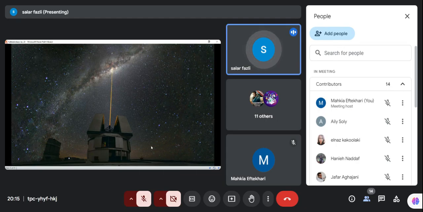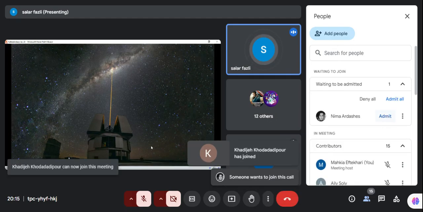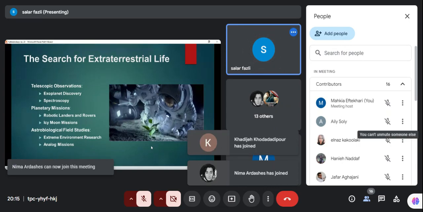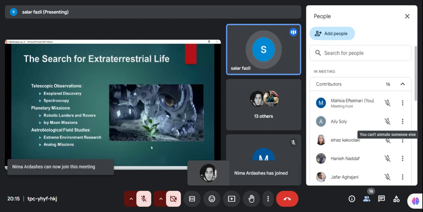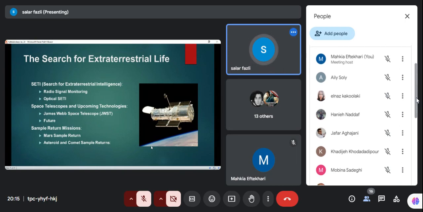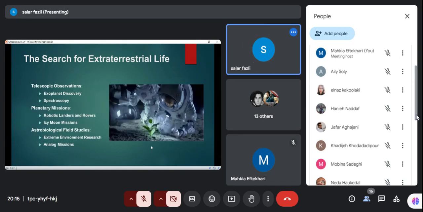So we are going further, and we want to talk about the search for extraterrestrial life, which is one of the most important aspects of astrobiology, and we are going to go a little deeper into this. In this slide, we have telescopic observations, planetary missions, and astrobiological field studies, as well as SETI, space telescopes and upcoming technologies, and sample return missions, which we are going to explain shortly.